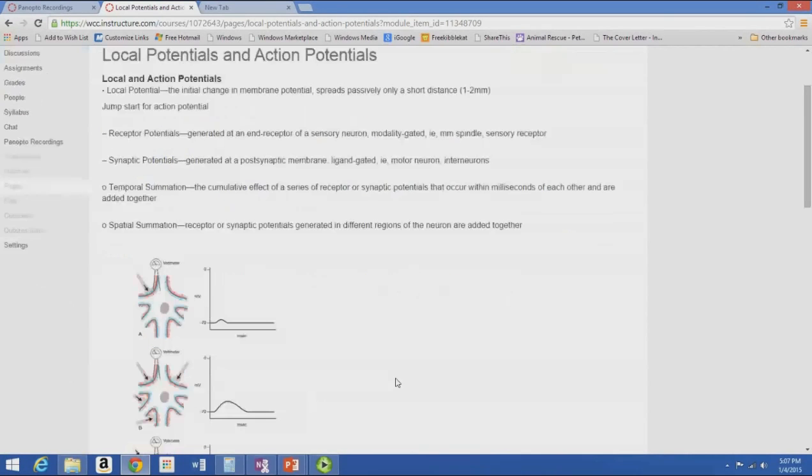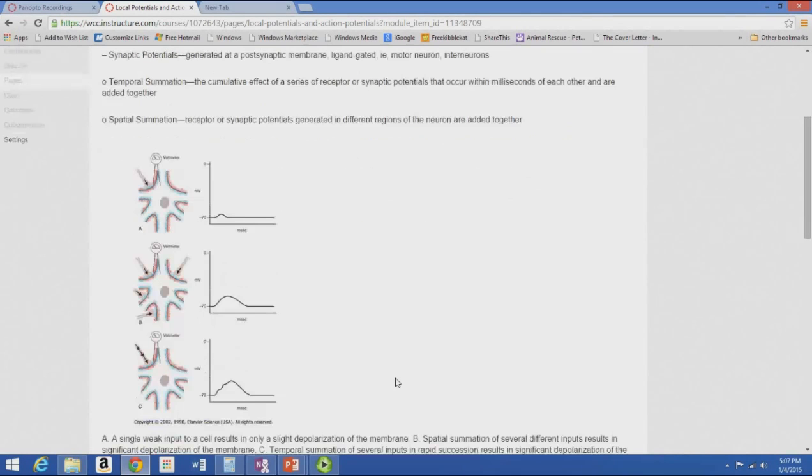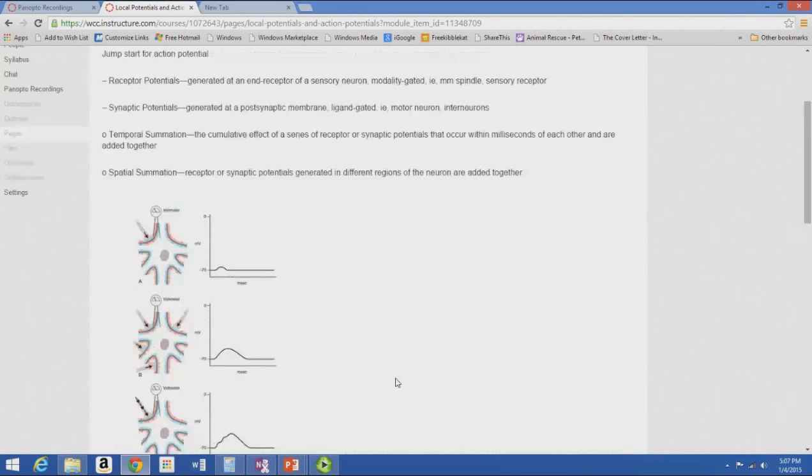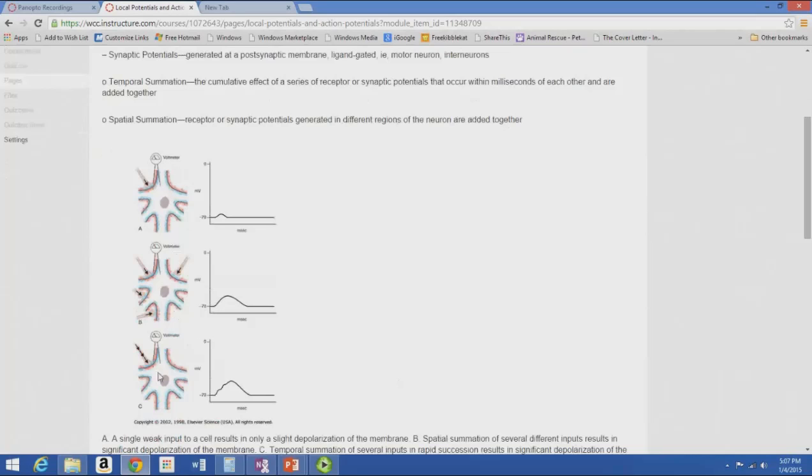So how do we add up enough local potentials to then generate an action potential, something that's actually going to do something? There are two different types of summation. And of course, summation means adding things together. It's a cumulative effect. So with temporal summation, in the little diagram here, it shows the little black arrows.